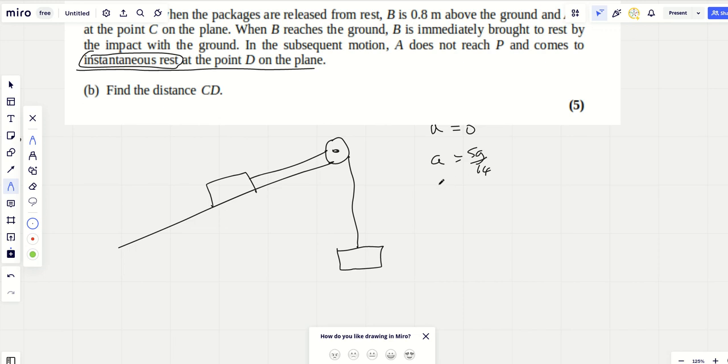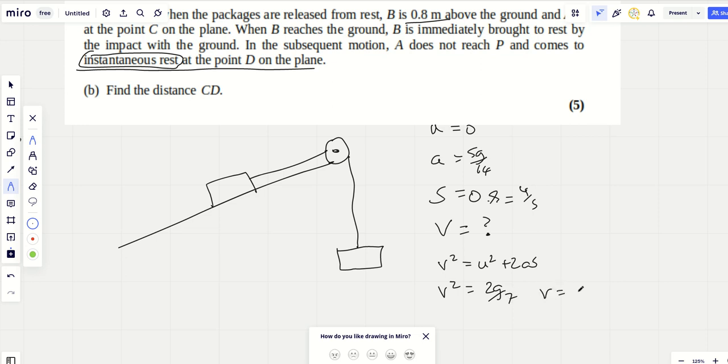We're going to be doing SUVAT a lot more here. Now, did they tell us 0.8 meters above the ground? So s is 0.8, and what we really want to do here is find the speed just before this hits the ground and just before the string goes slack. So v squared is u squared plus 2as, and so that gives me v squared is 0 squared plus 2 times 5g over 14 times 4/5, which is 4g over 14, which is 2g over 7.